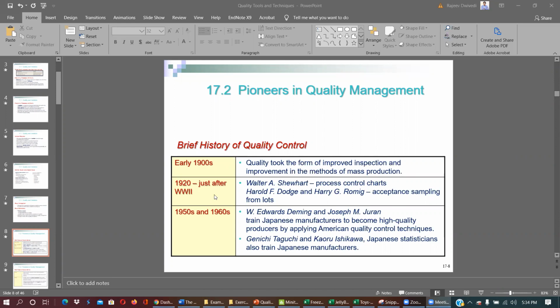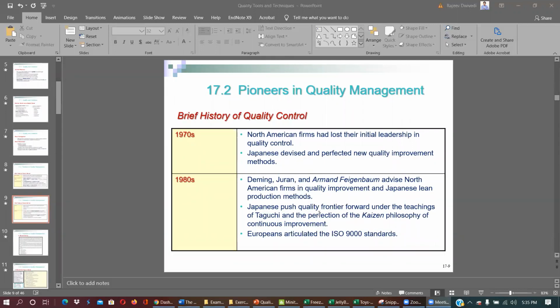Then in 1920 Shewhart started process control charts. In 1950 to 60, Deming and Juran, these are the great people, and then Taguchi and Ishikawa. They are Japanese statisticians, and they contributed to this.